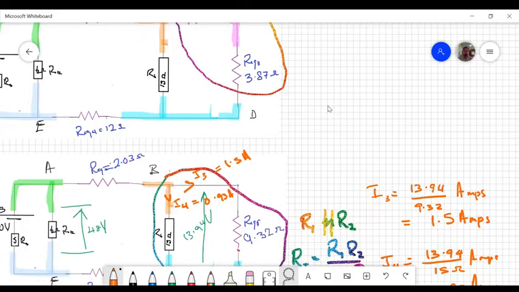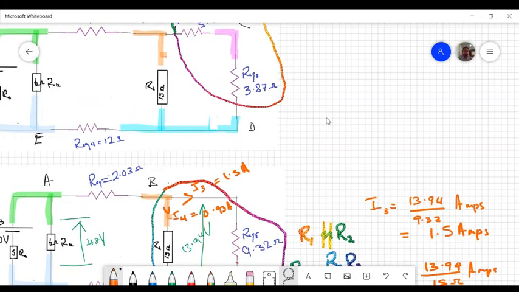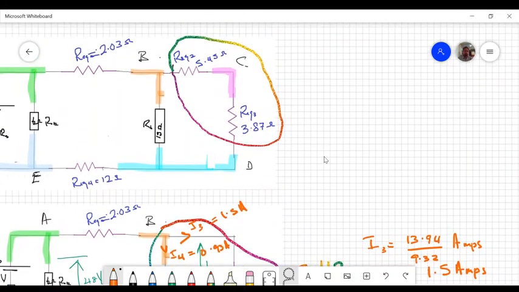But remember that 9.32 ohms was really a combination of 5.42 and 3.87. So we know the current now flowing through these two resistors is 1.5. So that allows me now to find the voltage across each of these resistors. So this one and this one.